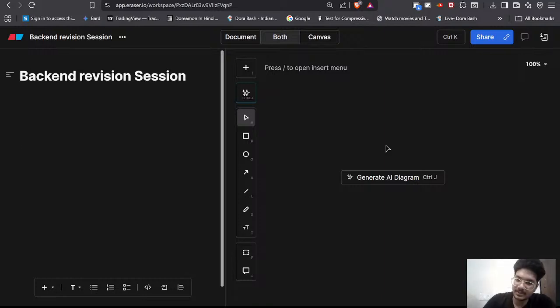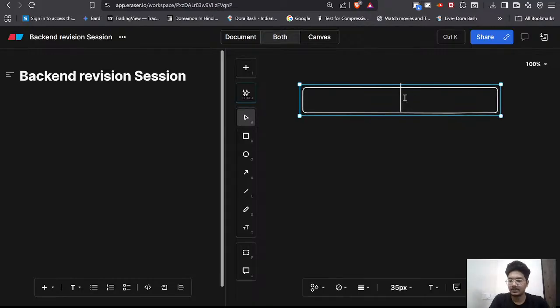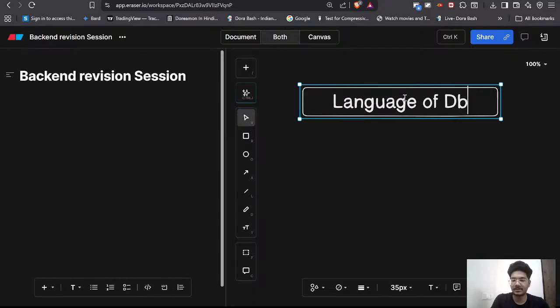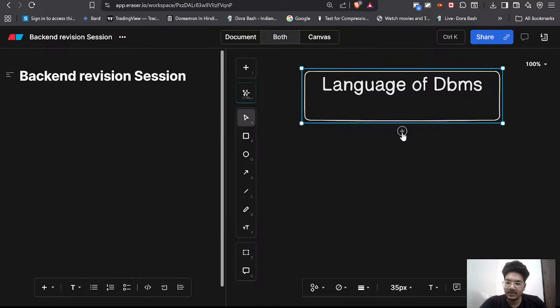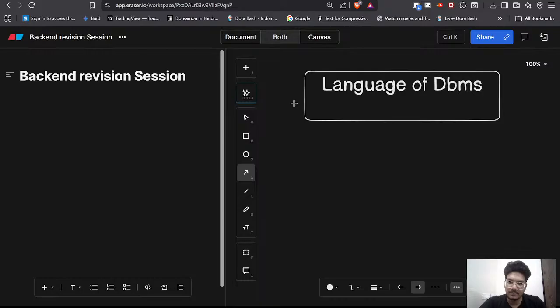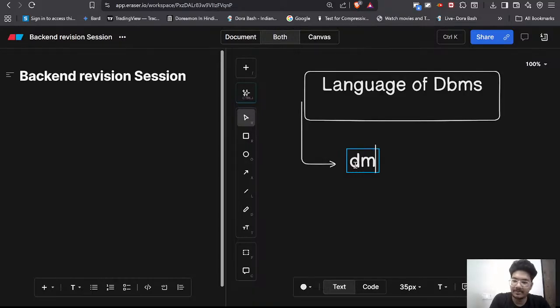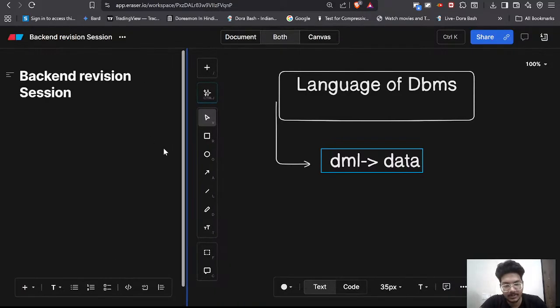Let's briefly discuss this topic. First one is DML, which stands for data manipulation language.